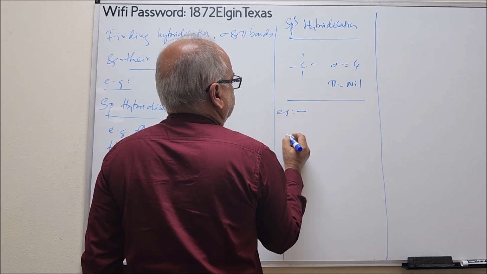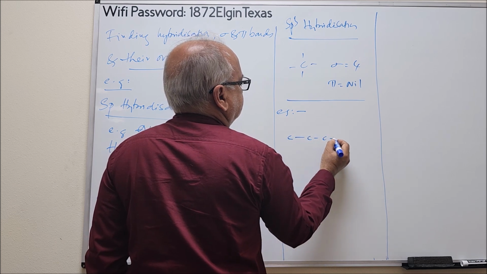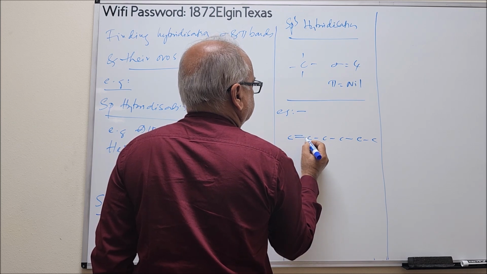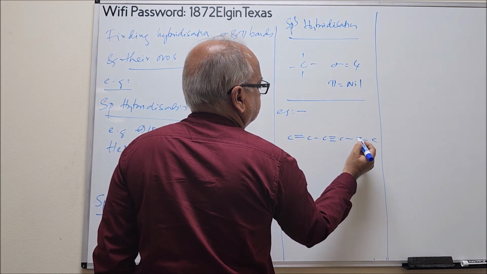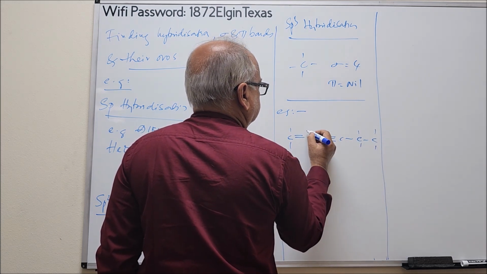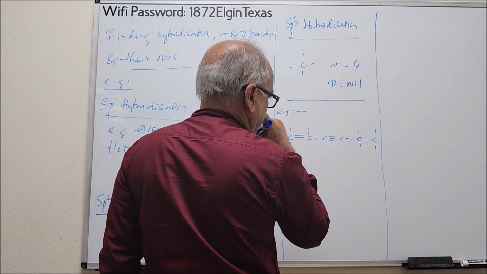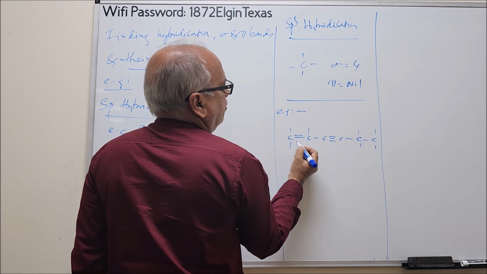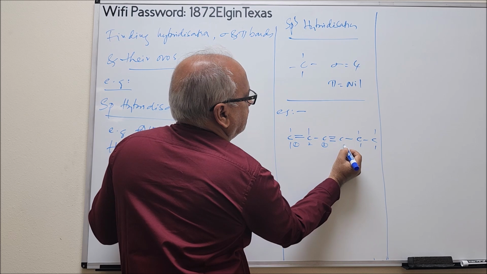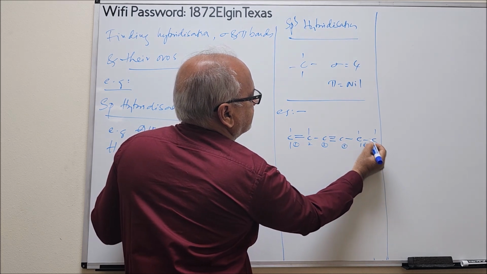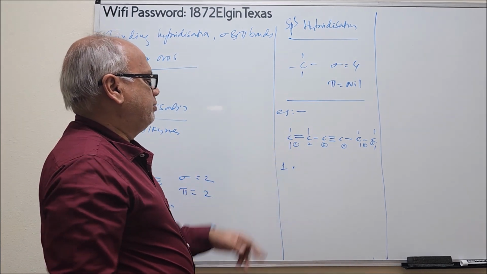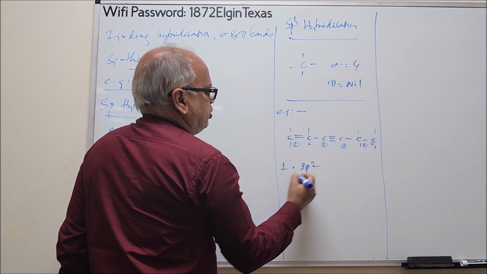Example, carbon, so if you label these carbon atoms 1, 2, 3, 4, 5 and 6. On the first carbon the number of sigma bonds are 2 and pi bonds are 2, therefore sp hybridization.